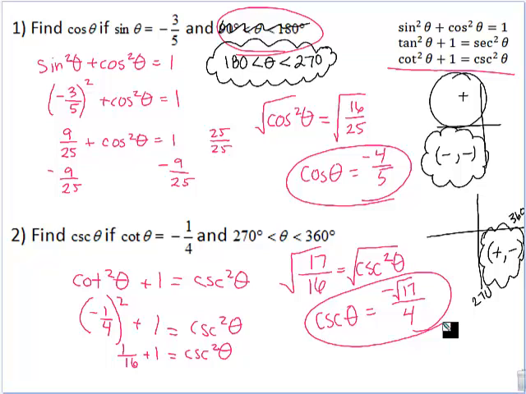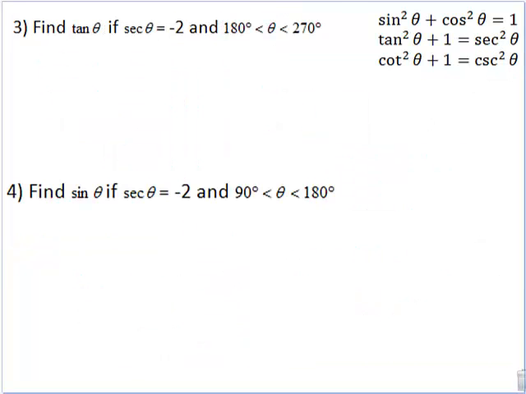All right, let's do a couple more of these. We want to find tangent if we know secant of theta is negative 2, and we're in between 180 and 270. So we want to find tangent. We know secant. So the first thing, is there an identity that has tangent and secant in? The second one?